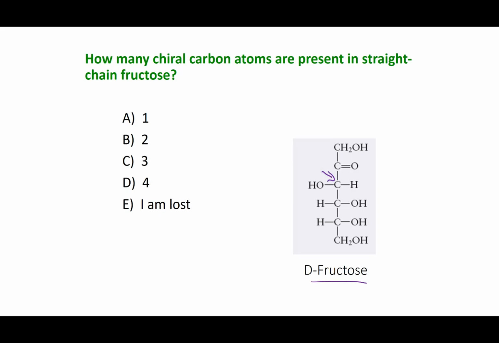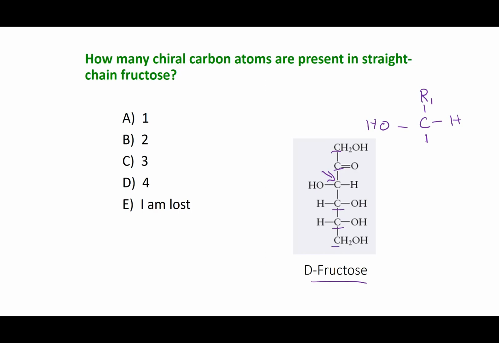Now let's get to the third carbon here. Let's go ahead and see what's around it. I have an H on one side, I have an OH on one side, and on top, I have a carbon connected to it. Now that carbon chain is 2 carbons long. It has this carbon and this carbon going up at the top, so I'm going to call that R1. Now on the bottom, there's a chain of 1, 2, 3 carbons.